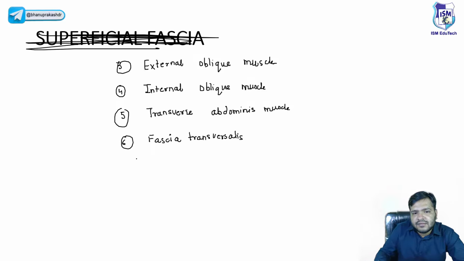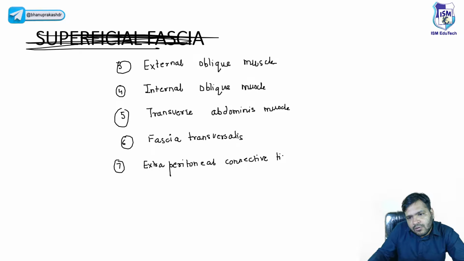Fascia transversalis. Then we have the extra peritoneal connective tissue. Extra peritoneal connective tissue. And at last, we have a layer of parietal peritoneum.